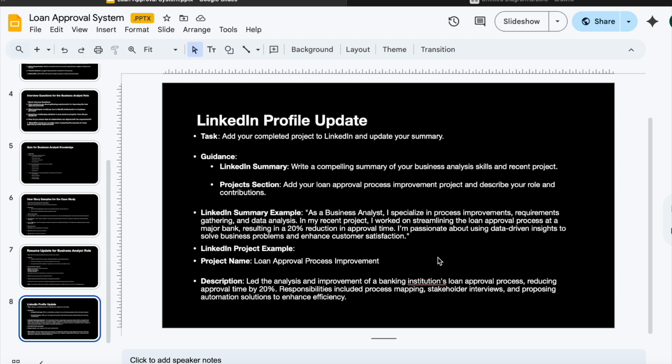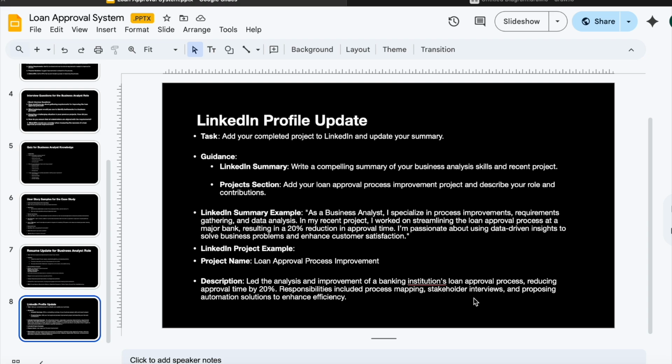The next one, you can put a description also if you like. The description would be: led the analysis and improvement of a banking institution's loan approval process, reducing approval time by 20%, or whatever the percentage. Responsibilities include process mapping, stakeholder interviews, and proposing automation solutions to enhance efficiency.